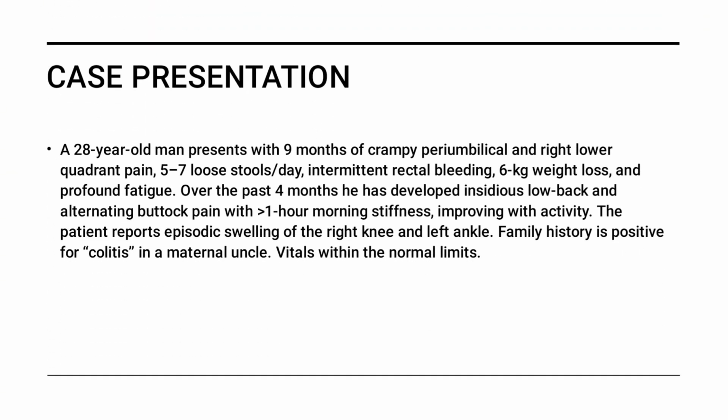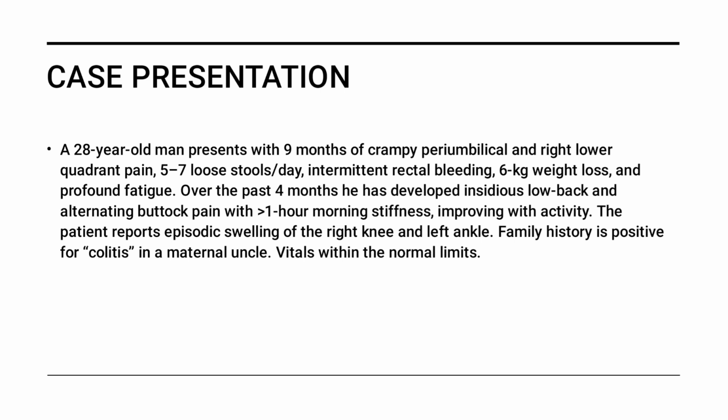The case presentation says: a 28-year-old man presents with 8 months of crampy periumbilical and right lower quadrant pain with 5 to 7 loose stools every day, intermittent rectal bleeding, 6 kilogram weight loss, and profound fatigue.